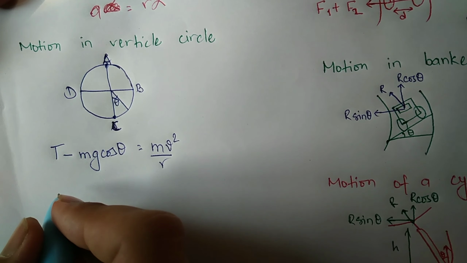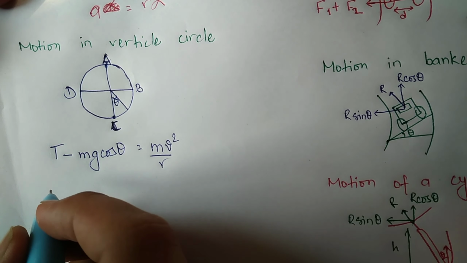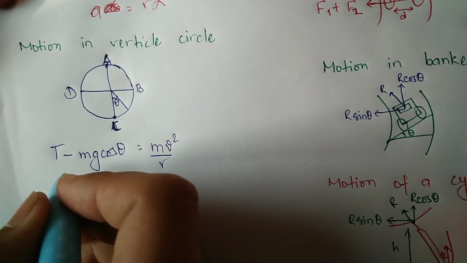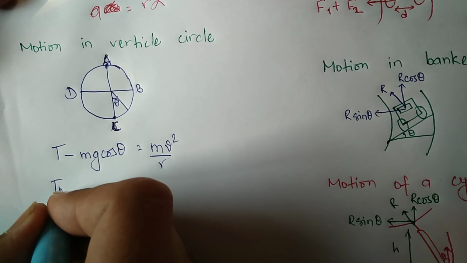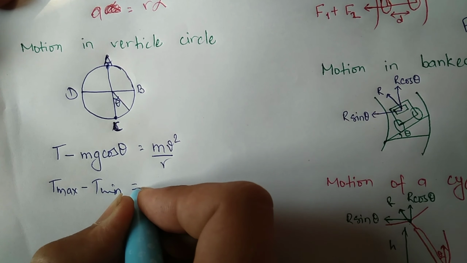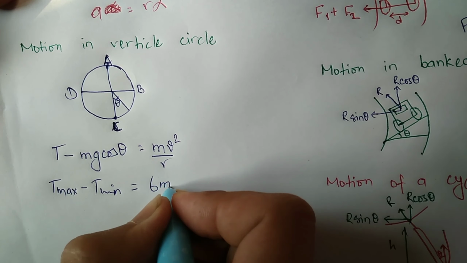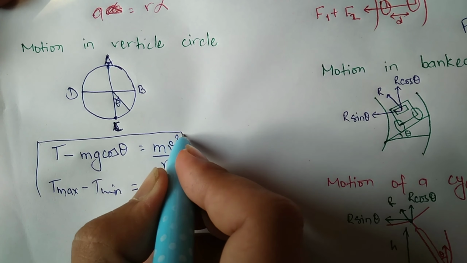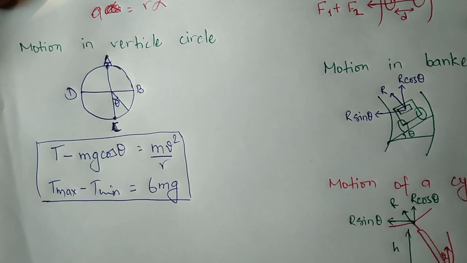I will directly discuss the condition for keeping the body in motion. First, T maximum minus T minimum is equal to 6 mg. These are the relations.